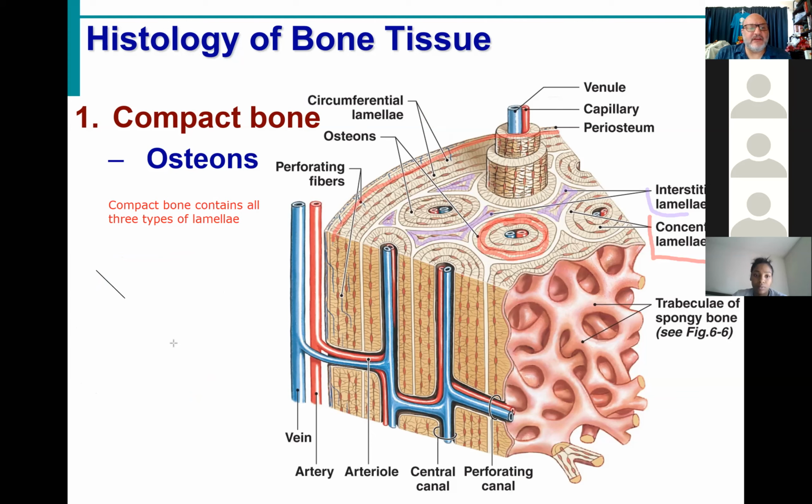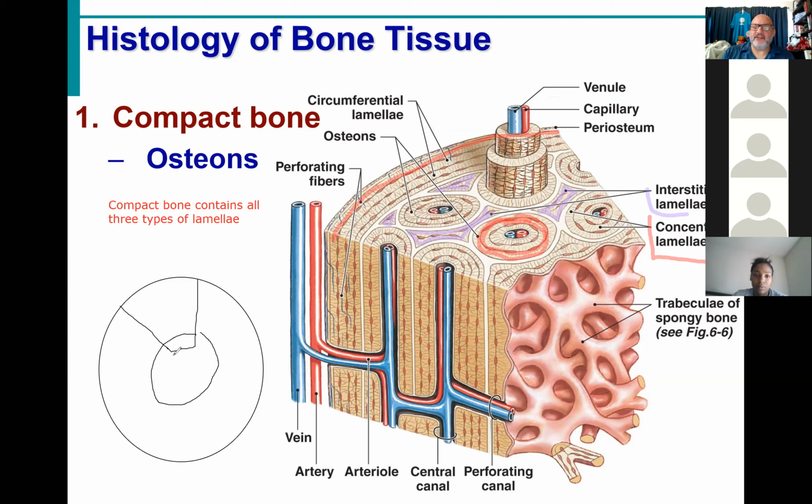Here is the entire bone, and in the center is the cavity. What they've done is taken a tiny wedge of the bone like this, and that's what we're looking at. Are we oriented here?